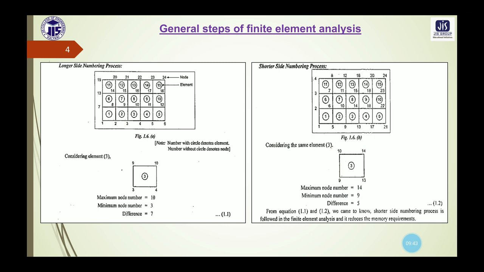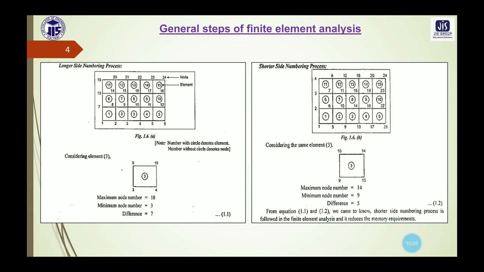But if we consider the shorter side numbering process, what will happen? The nodes we are having are 24, and the elements are 15, but the numbering of the nodes is now changed.